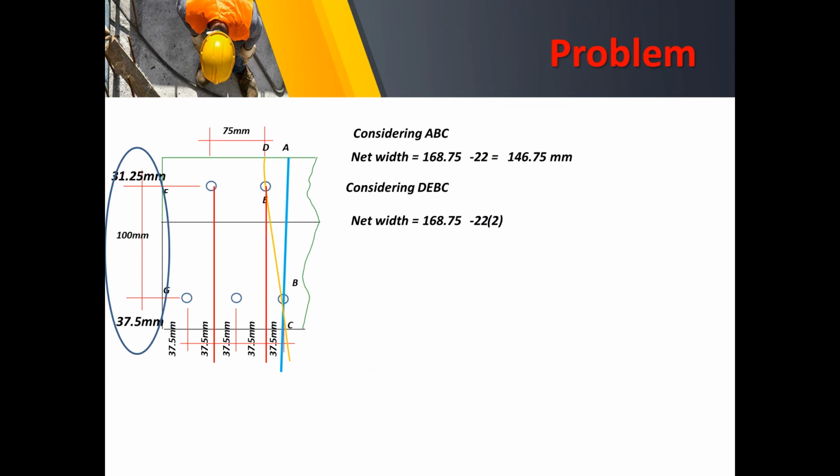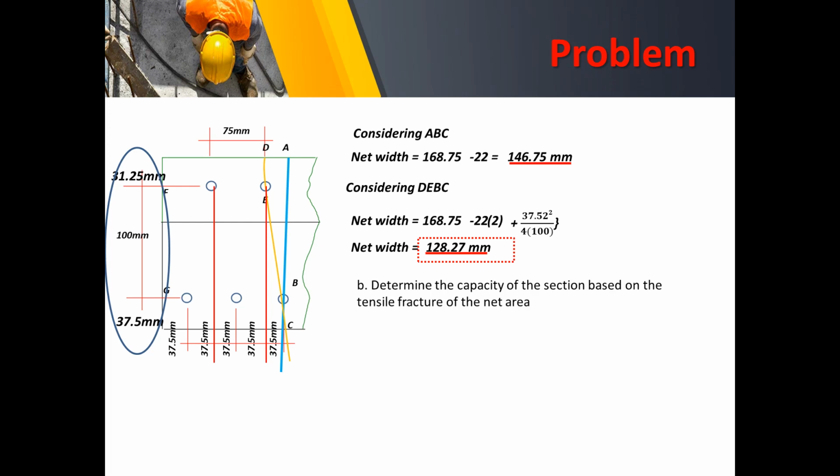So let us correct this equation. This is s squared over 4g. So the pitch is 37.5 and the gauge distance g is 100. So with that, we can have the net width equal to 128.27 millimeters. Now between these two net widths, of course, we consider the least net width.